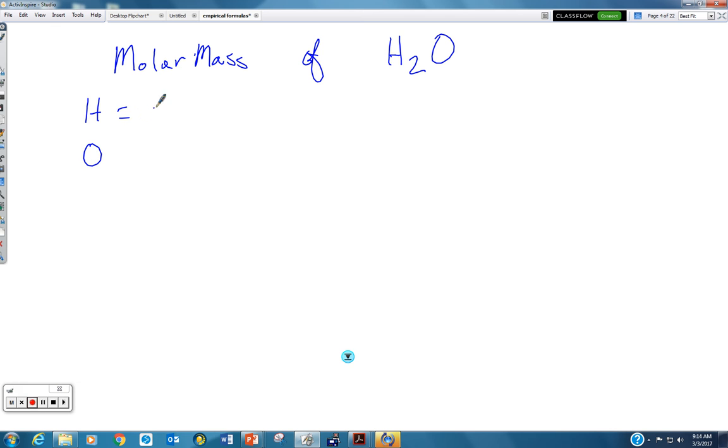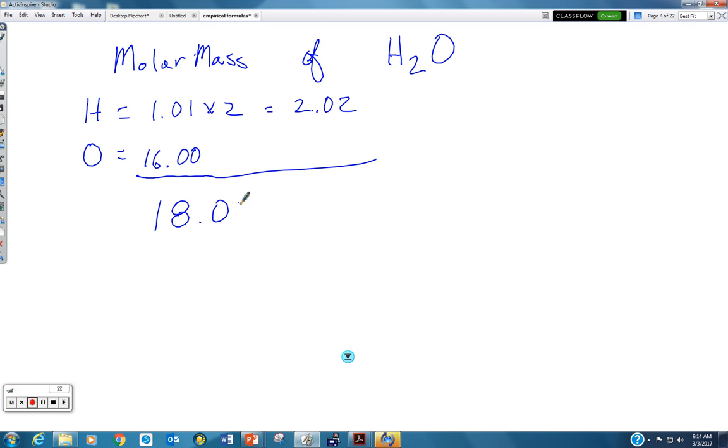Hydrogen is 1.01, and we have 2 of those, so 2.02. Oxygen is 16. Remember, I want you to go to 2 decimal places for the atomic mass, so always round to that. So 2.02 plus 16 gives us 18.02.